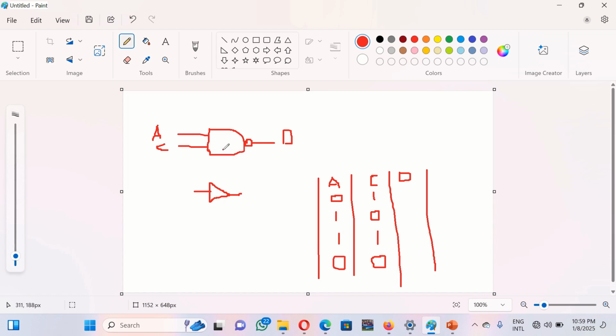For every AND gate, let me divide the output into two. So for every AND gate, I would have 0 here, 0 here, 1 here, another 0 here. I told you all inputs should be 1 to give me a 1 output.